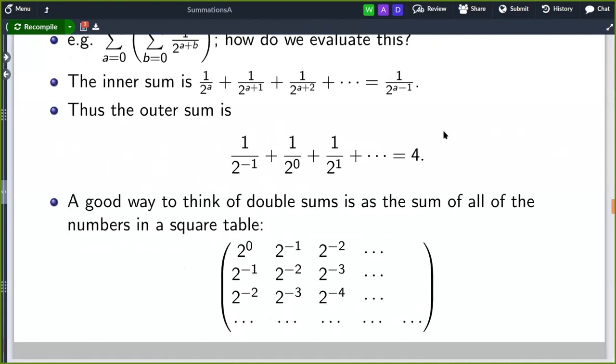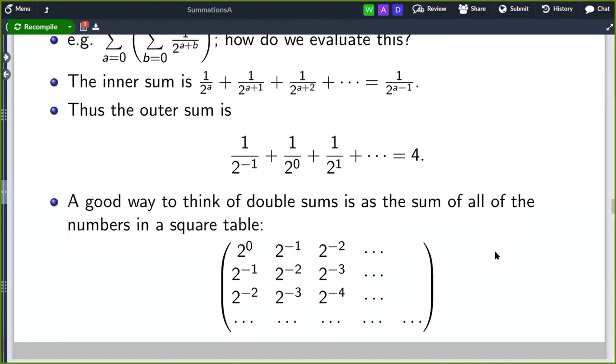So if we list all of the numbers in the double sum out in this big grid, then what the original double sum tells us to do is to sum across the entire first row, then sum across the entire second row.